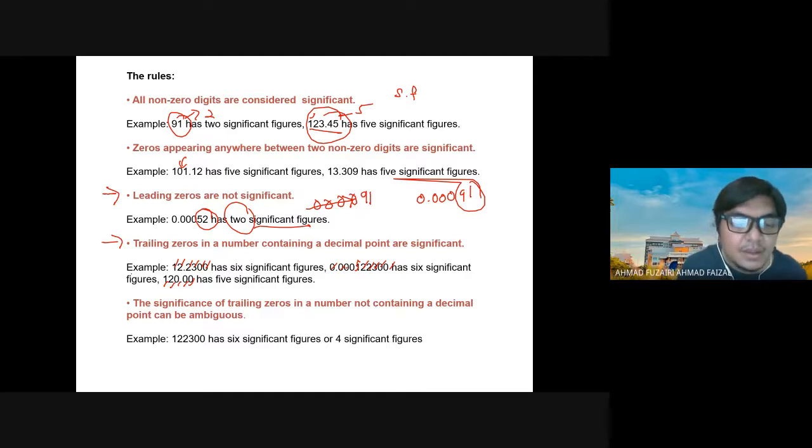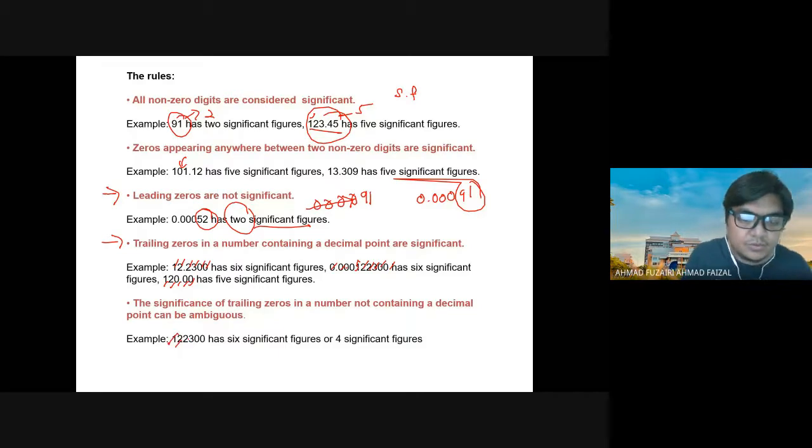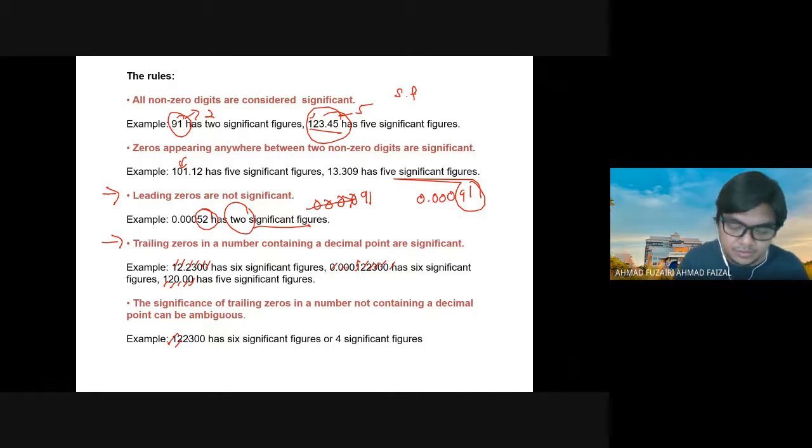Okay, the significance of trailing zeros in a number not containing a decimal point can be ambiguous. Right. So what is ambiguous here? Remember, 122,300, for example. 122,300 has 6 significant figures in terms of the non-zero digits, but it can be written as 6 significant figures or 4 significant figures. How do we do it?